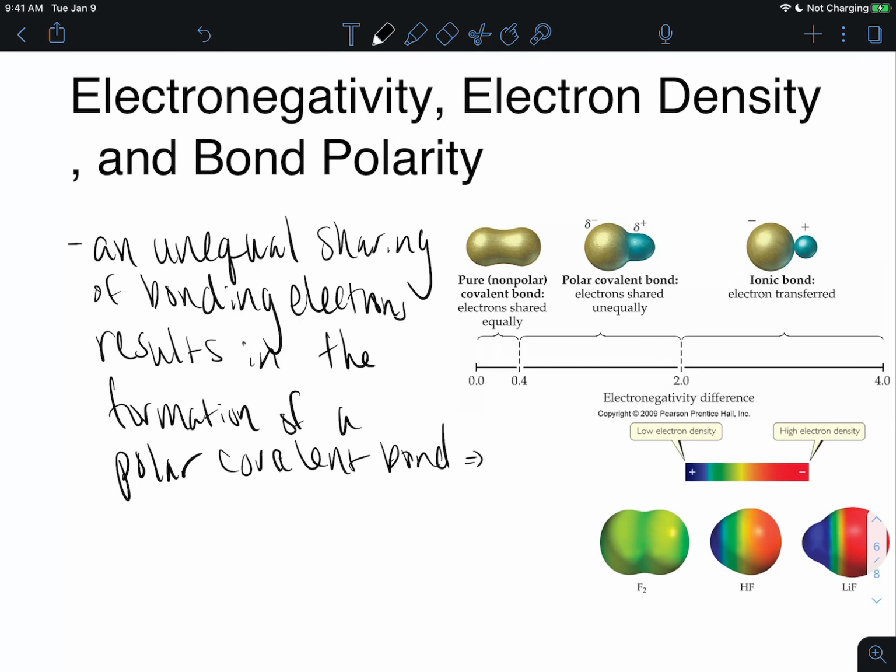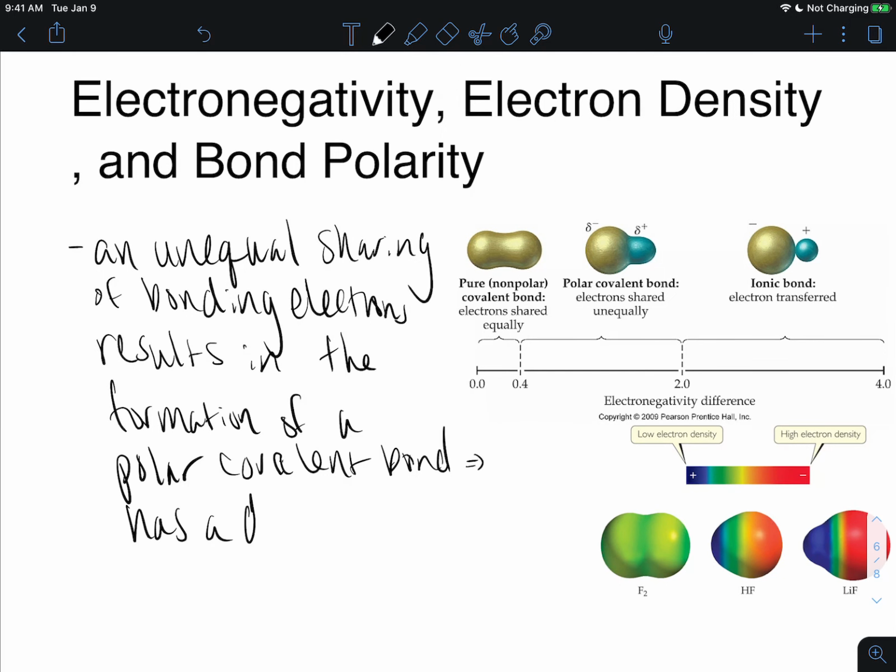So this is going to have a dipole. And a dipole is exactly that. It looks like a little pole. So we have a little bar magnet, a negative end, and a positive end. So this has no charge density.